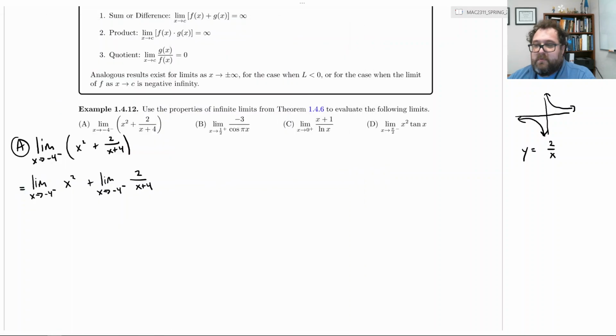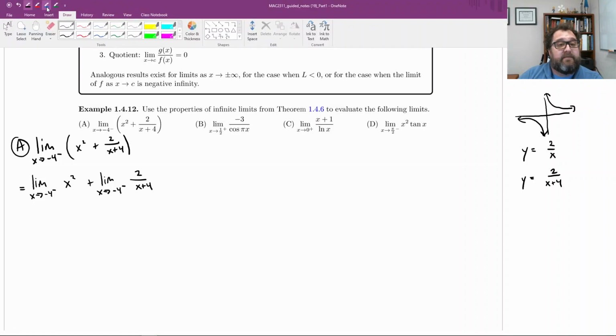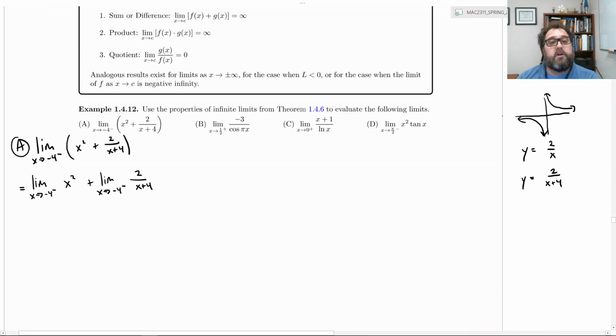Okay. Now, what about if the denominator turns into x plus 4 instead of x? Well, that's when the transformations of functions kick in. Because if you have instead y equals 2 over x plus 4, what happens is that it translates the function 4 units to the left.